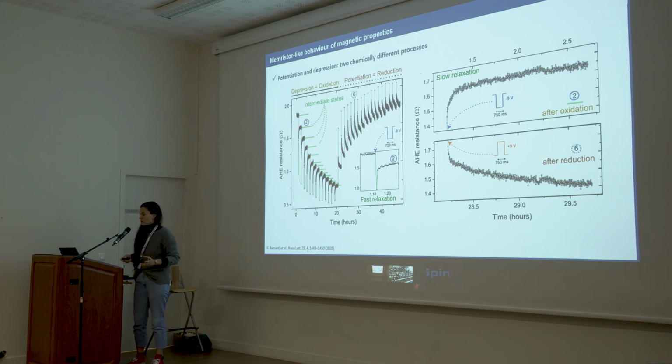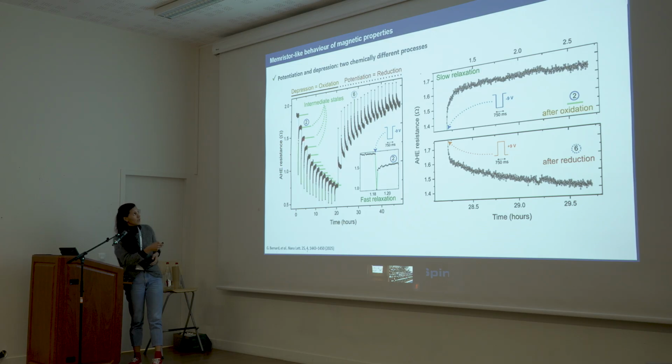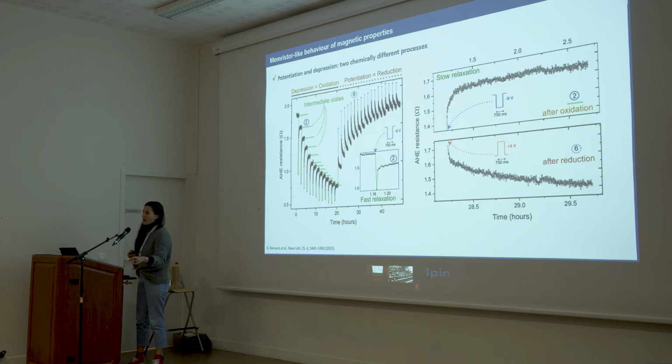That is because we're dealing with oxidation and reduction, so the end product that we get is not the same in both cases. Here we're generating an oxide, which is pretty stable in air after we switch off the gate, while here we're taking away the oxygen from an oxide and turning it back into a metal. So that's not very stable at the end of the process.